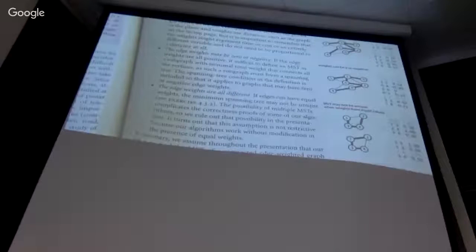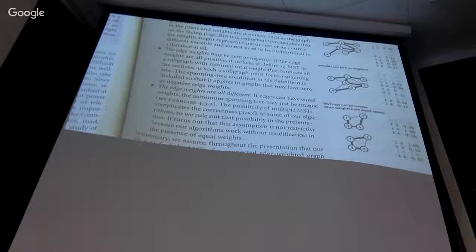So we can have edge weights that are 0 or negative. Again, the stock market. I'm trying to represent the growth in a certain portfolio, but that can become negative. Yes, it makes sense. Debit, credit.